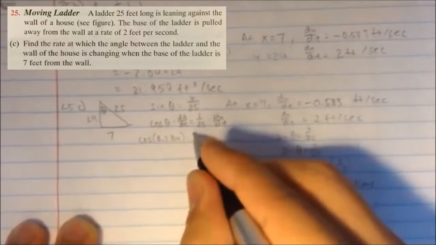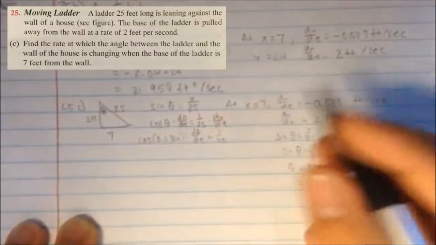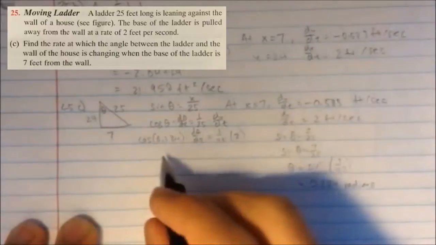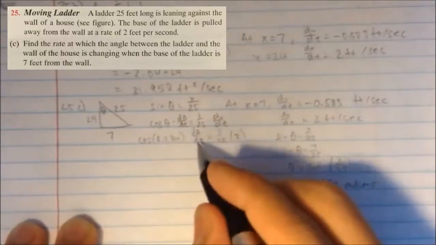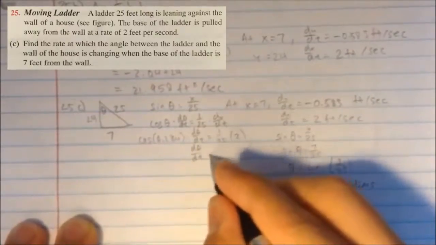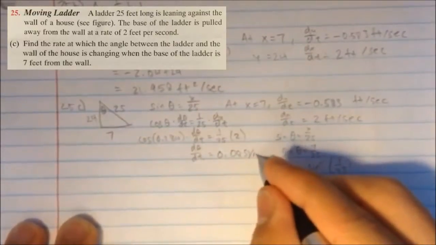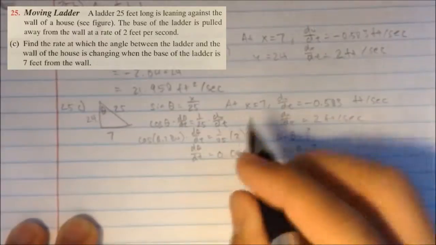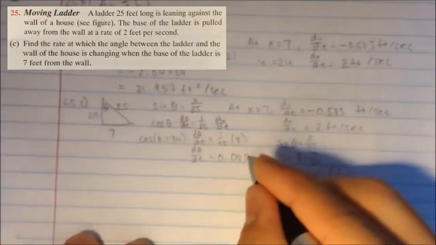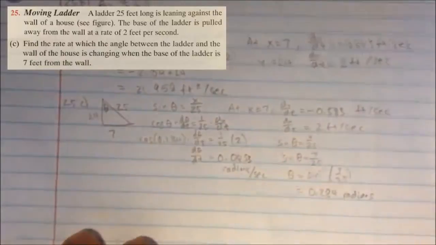Cosine of 0.284 times the derivative of theta, equals 1 over 25 times the derivative of x with respect to time, which will always be 2. And now that we have all these values, just solve for d theta over dt, which is 0.0833 radians per second.